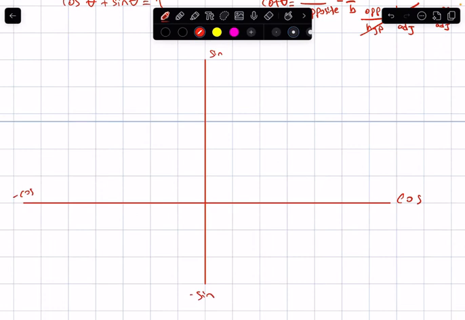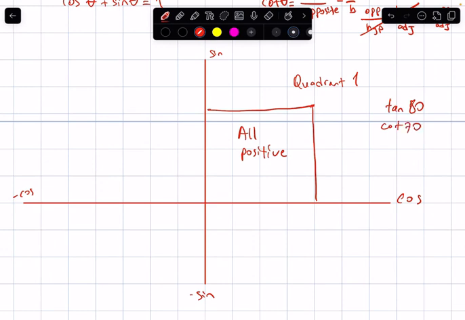So in here, this is quadrant 1. Here everything is positive, whatever the degree is. All positive. What does it mean? Tangent 80 is positive. Cotangent 70, less than 90, positive. Sine 45, positive. Cosine 30, positive.